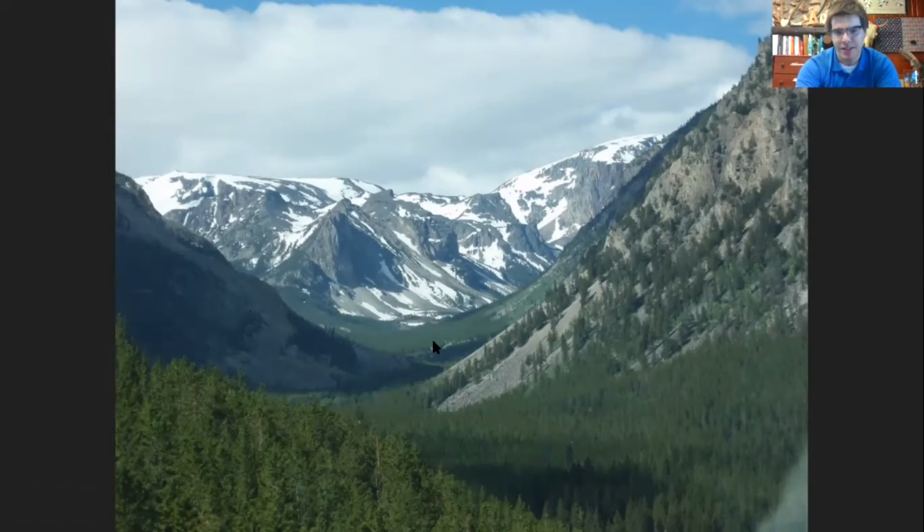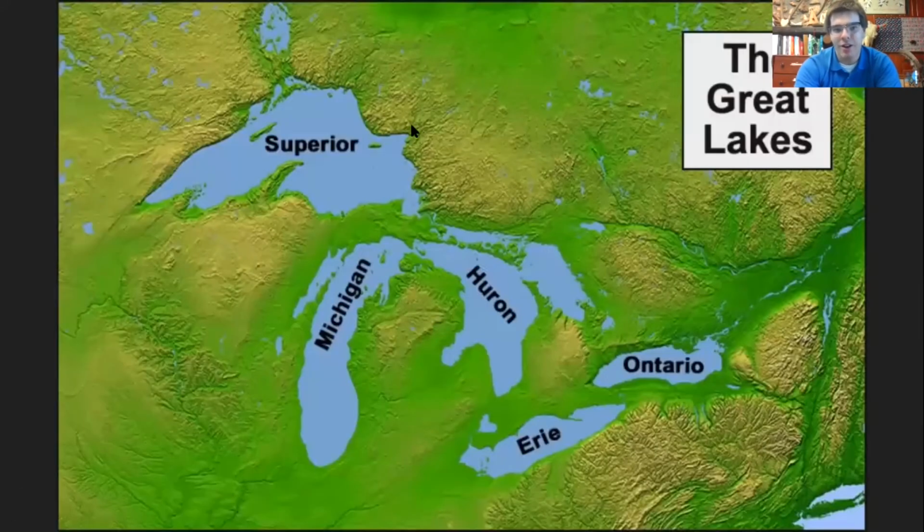This one's a lot more recent. This was only from about 10,000 years ago. And actually, our entire Great Lakes system, if you've ever had to learn about the Great Lakes, they're up here. This is the northern part of Michigan. Over here is Ohio and Indiana and Pennsylvania, and New York is right here. And you've got Ontario right here.